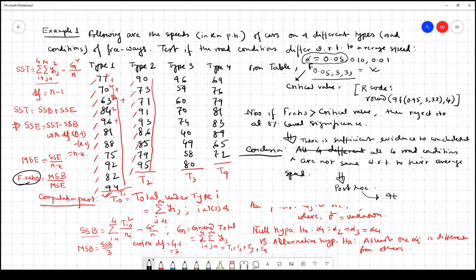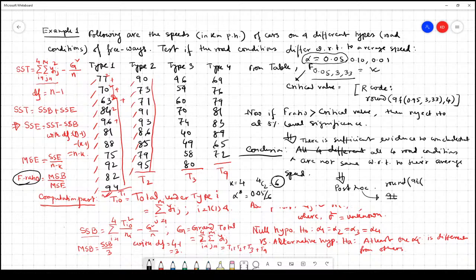I use 4 decimal places, so round qt. Since here k equals 4 and 4C2 equals 6, we need to compare 6 pairs, so our alpha star is 0.05 by 6.